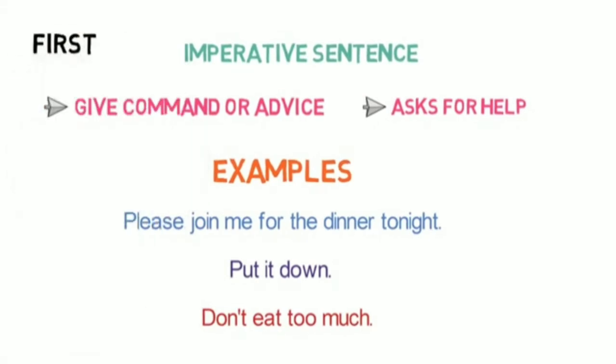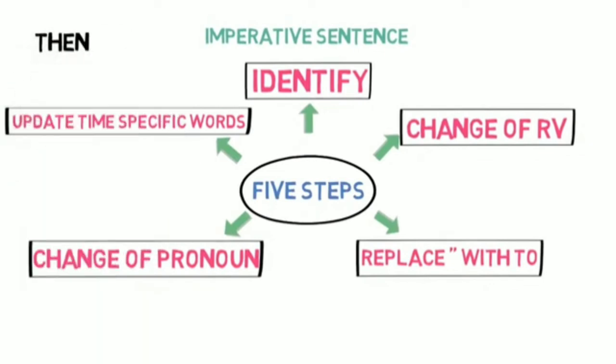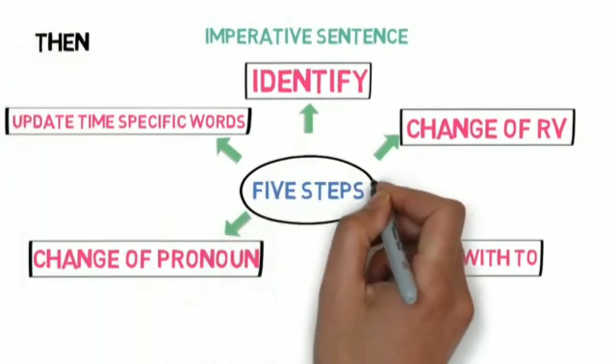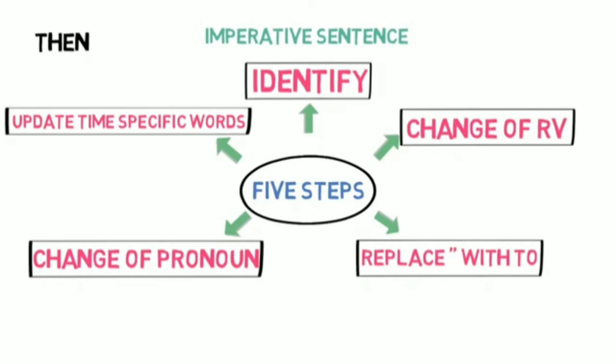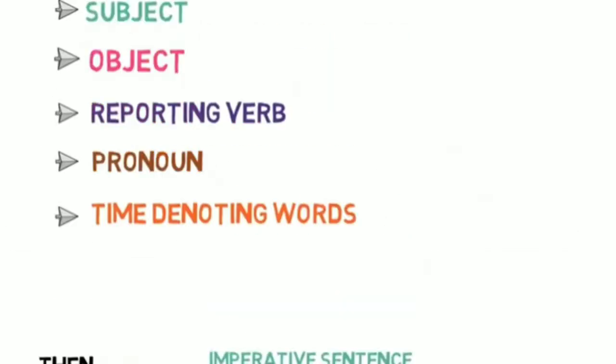That's all in today's video. Let's quickly revise what we learned in this lesson. First, we understood what is an imperative sentence. An imperative sentence is used to give the command or ask for help. Then we learned the 5-step formula to convert a direct speech to indirect speech where the reported speech is in imperative form. Number 1 is identification.